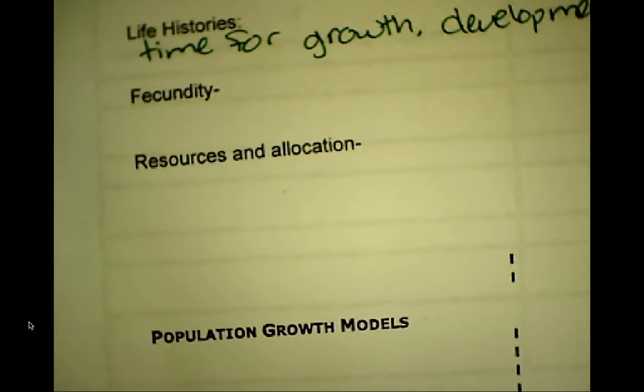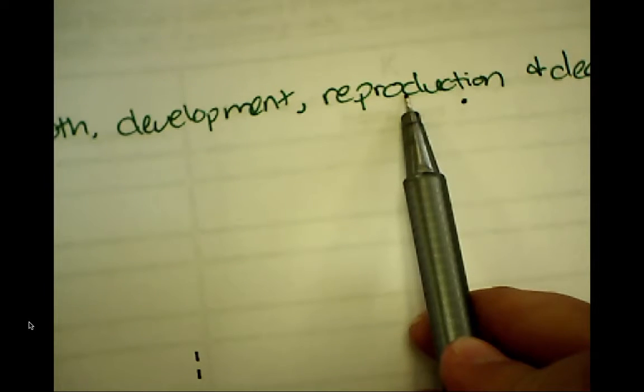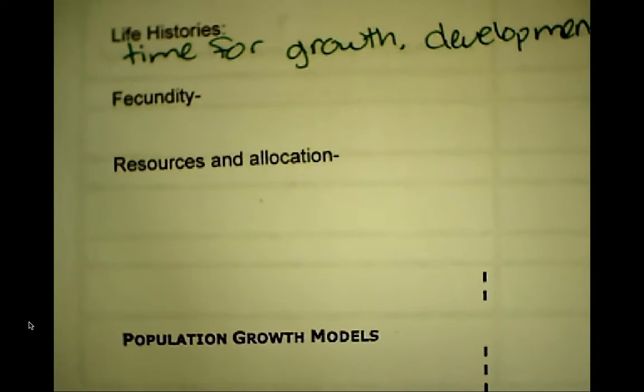Okay, so that's a life history of someone that lives in the United States. Okay, if you have a really short period to grow and you can develop really quickly, and then your reproduction time is really short, you're probably also going to die pretty quickly. So there's like the fruit flies, they have like a 12-day life history. Everything happens within 12 days.